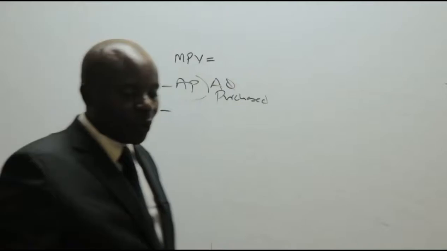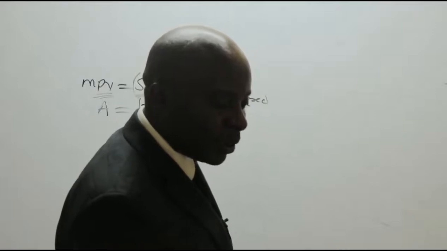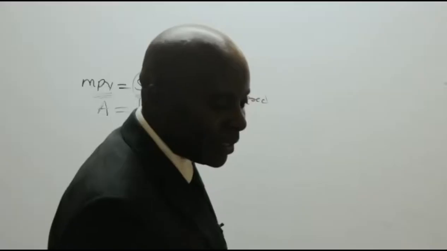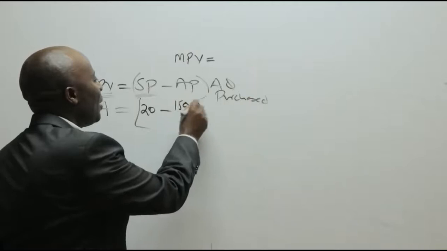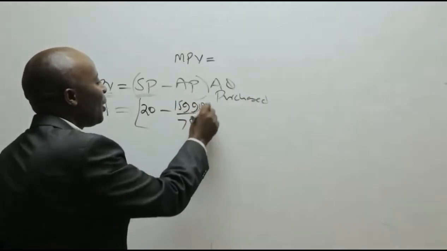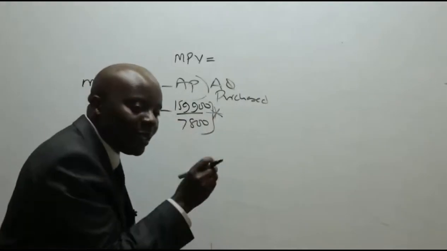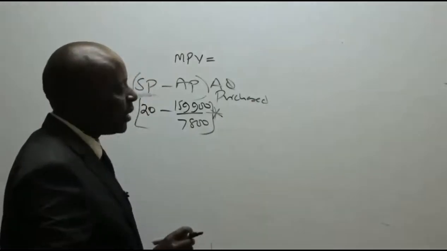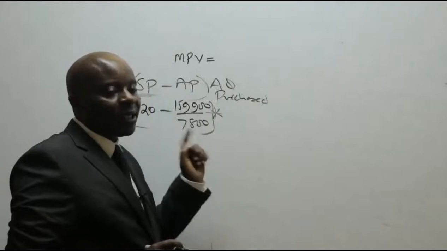Is there any other person who is able to get that 20.5? I should take 159,900 divided by 7,800. And then outside here, I have the actual quantity, the actual number of kilograms purchased at the end of the day.